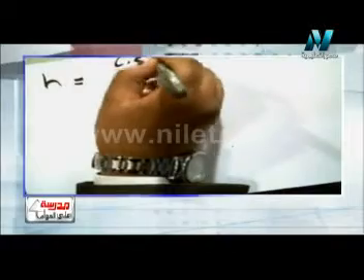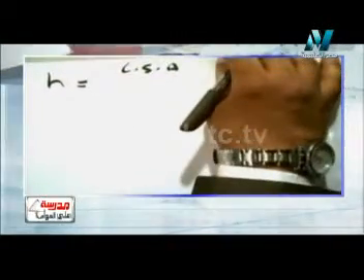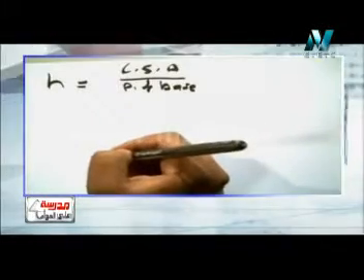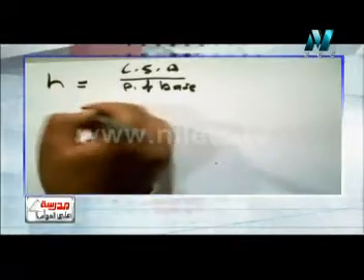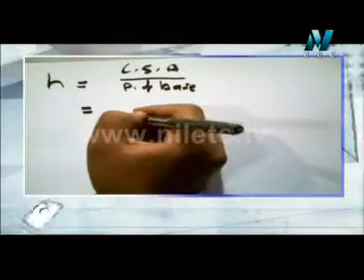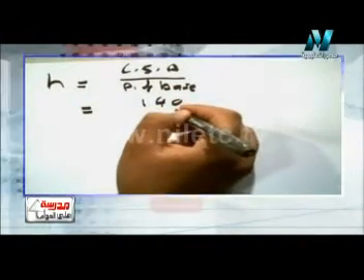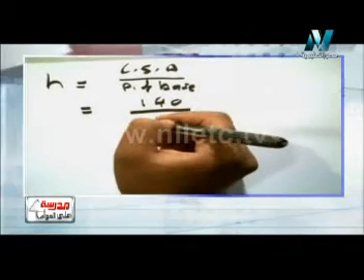The height equal lateral surface area over perimeter of base. Lateral surface area divide perimeter of base. Lateral surface area equal 140 centimeter square over perimeter of base.